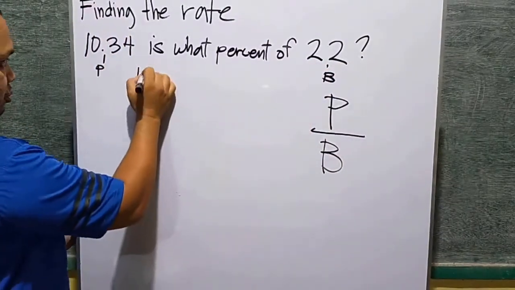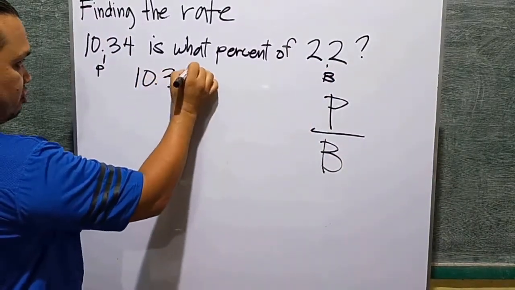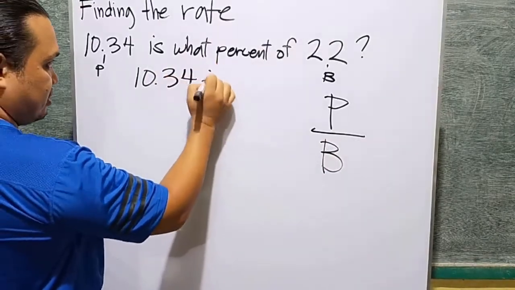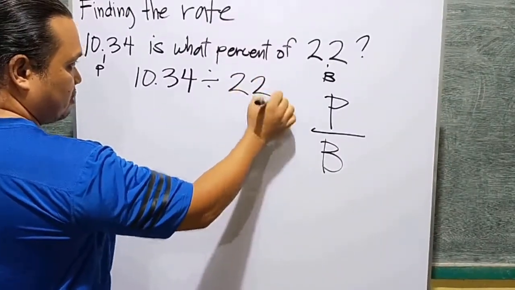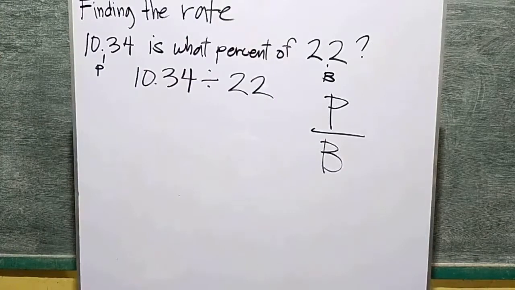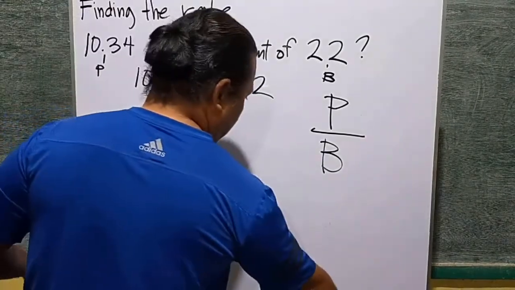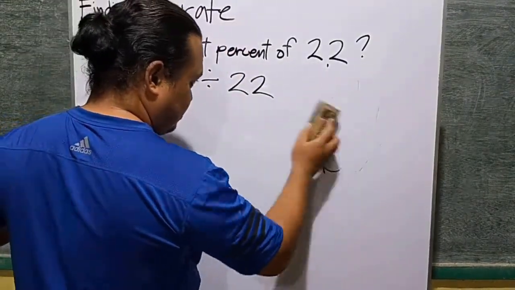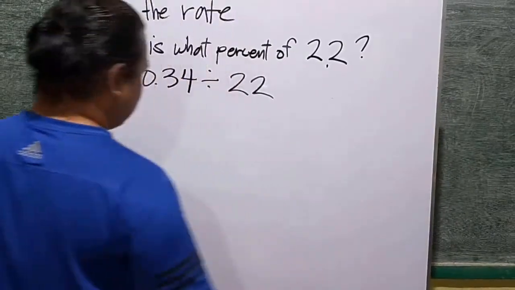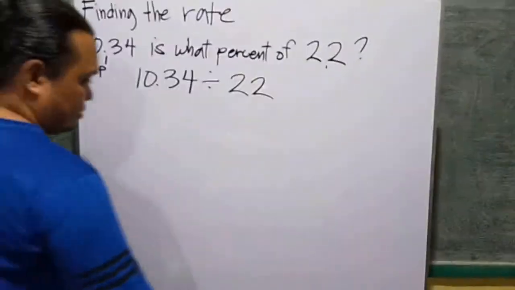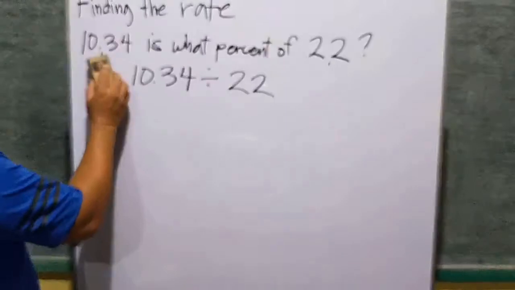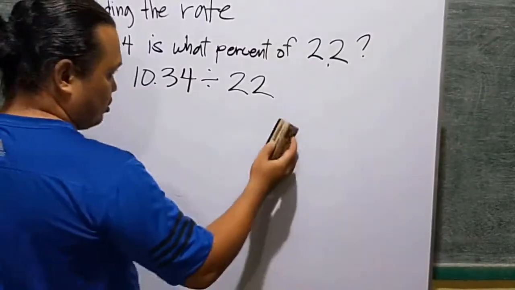So 10.34 will be divided by 22. That will be our formula: 10.34 divided by 22.